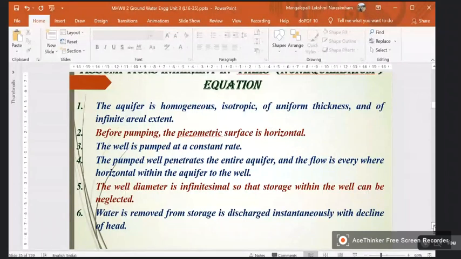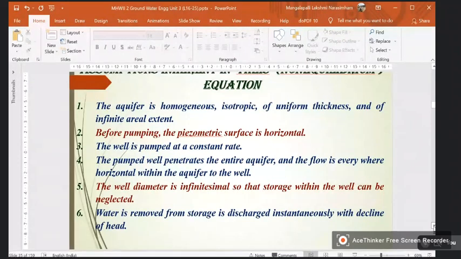Kx is equal to Ky is equal to Kz, each is equal to K. And that K when multiplied by the thickness of the aquifer b gives you the transmissivity T. T is equal to the product of K and b. T is equal to Kb.